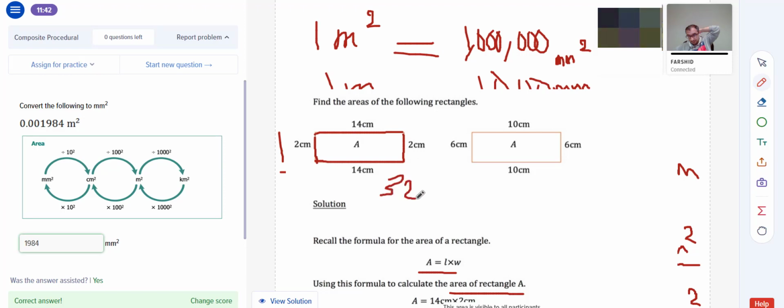So that's the perimeter. And then 10 plus 6 is 16 plus 10 is 26 plus 6 is again 32. So we have two different rectangles with the same perimeter, but it doesn't guarantee that the area is also the same. That's a good point.